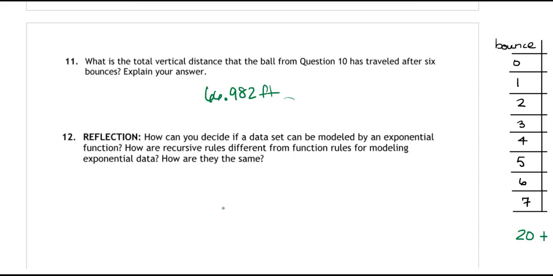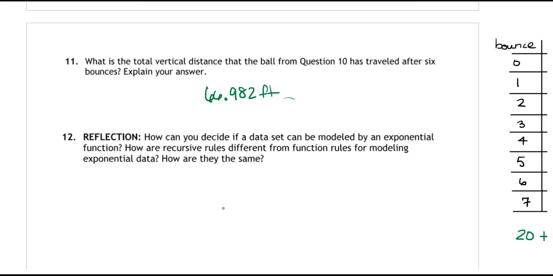Because if I wanted to know the height of the ball after the, I don't know, 26th bounce, well, that means that I need to know the 25th bounce. And in order to get the 25th, I need to know the 24th. So you don't want to have to sit there and do all of that. That's what a recursive rule is.